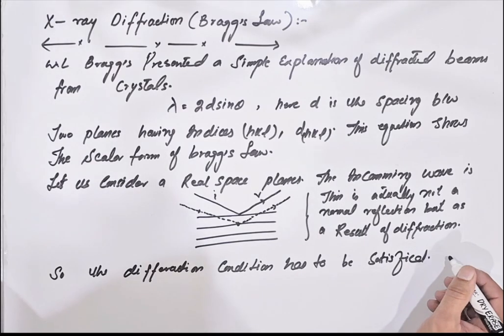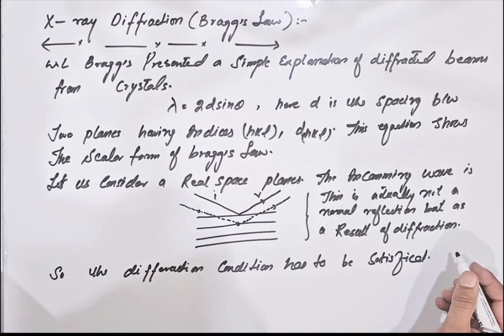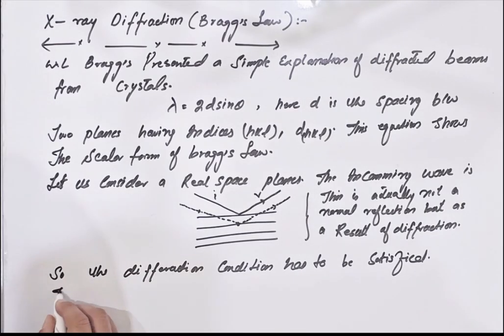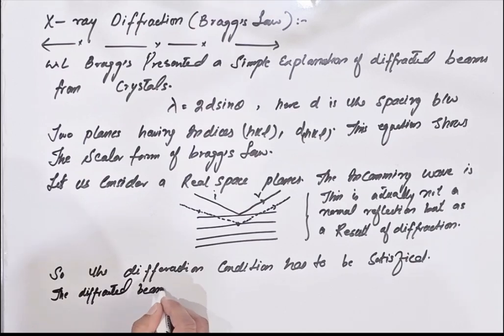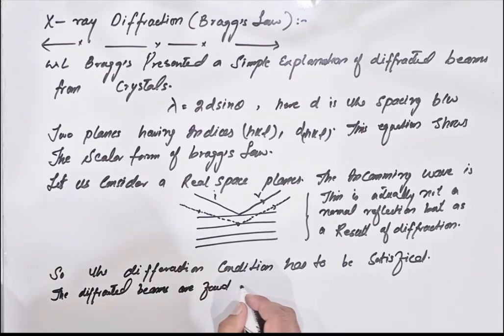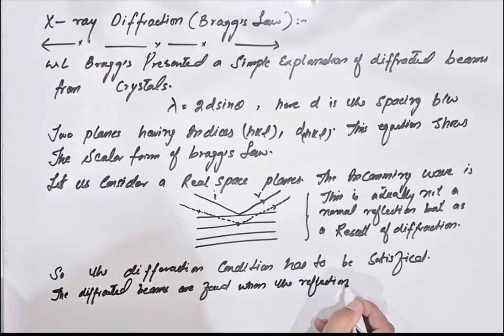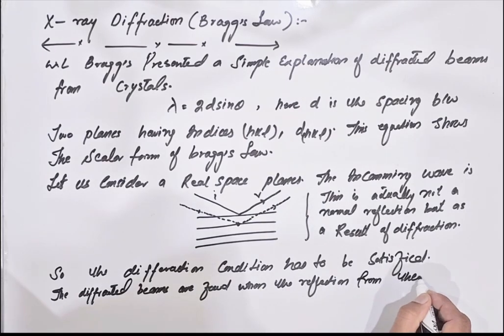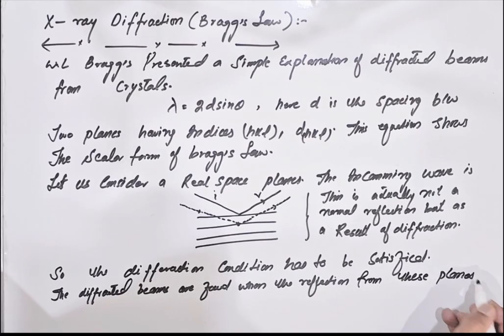That is, the diffracted beams are found when the reflections from these planes interfere constructively.